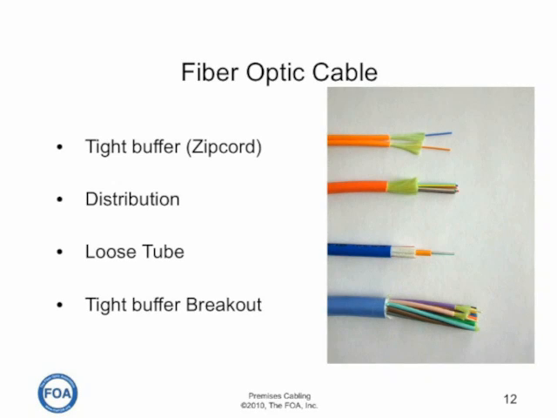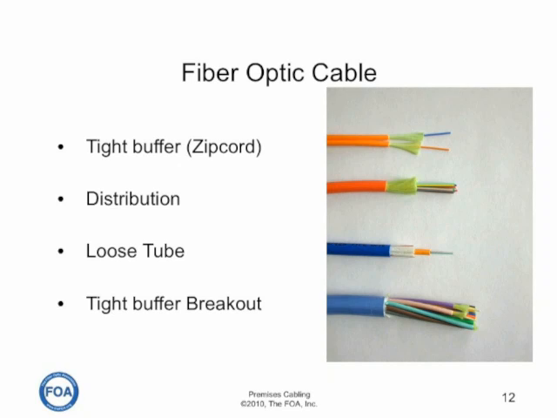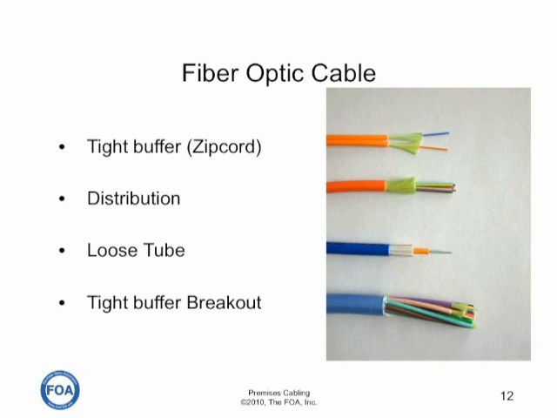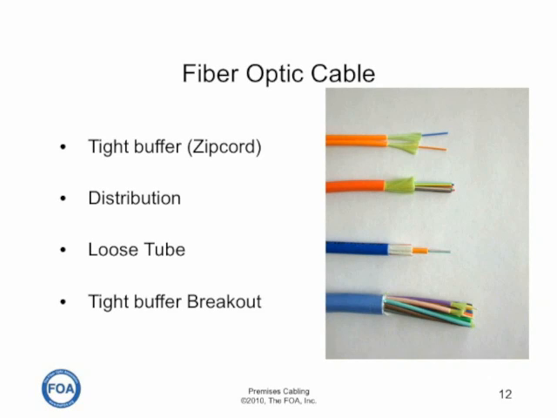Loose tube cable is sometimes used in premises environments, but it's more unusual because it's typically an outside plant cable filled with water blocking compounds. Tight buffer breakout cable is actually a whole bunch of simplex tight buffer cables inside a common jacket, which makes it easy to pull and then break out and terminate for use with patch panels or active equipment.